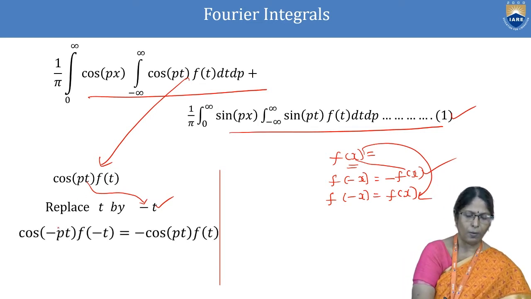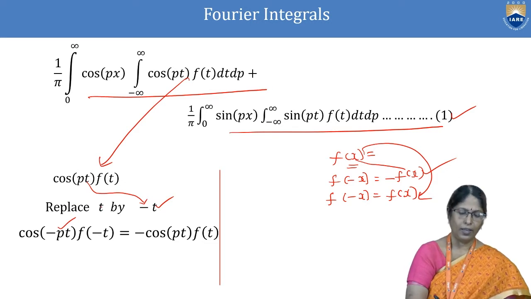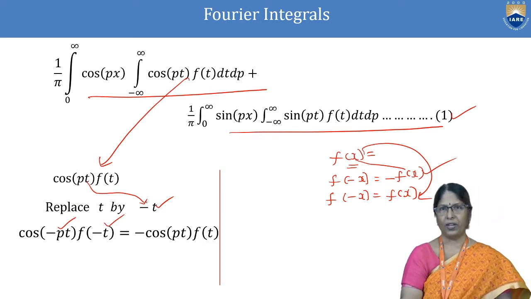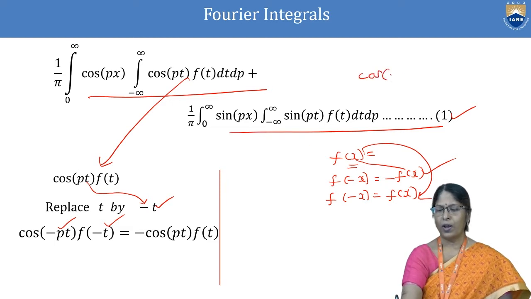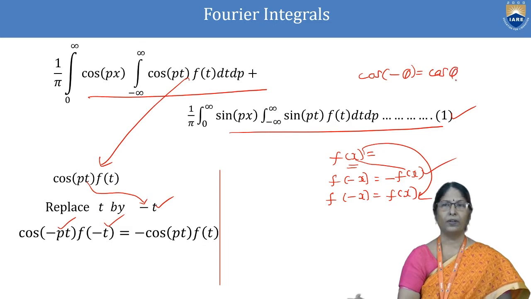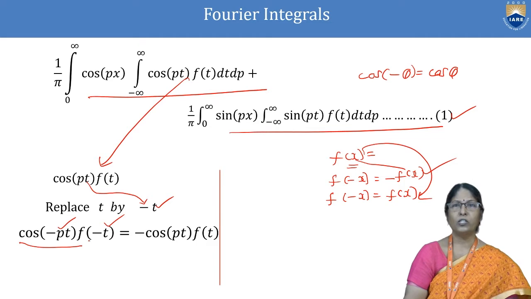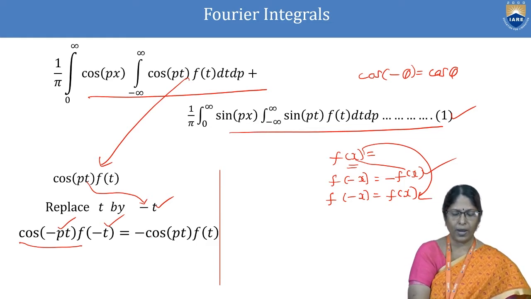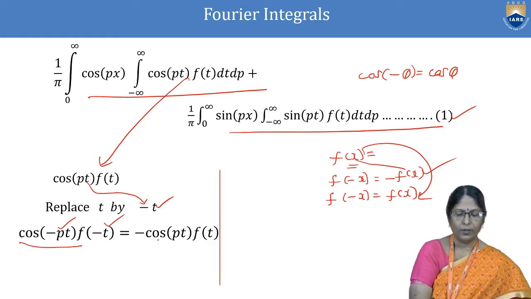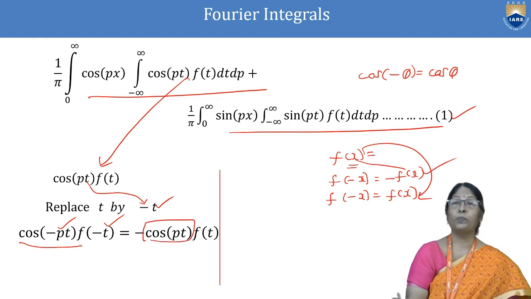So cos of minus pt, f of minus t. We know the trigonometric formula cos of minus theta equals cos theta. According to that, cos of minus pt is nothing but cos pt.